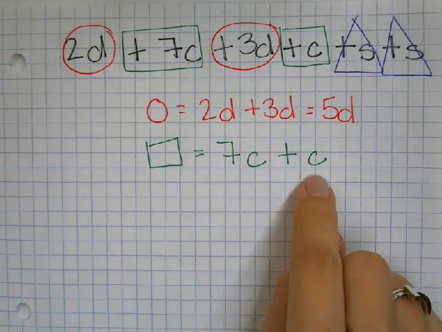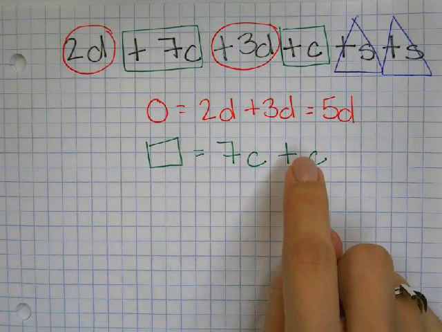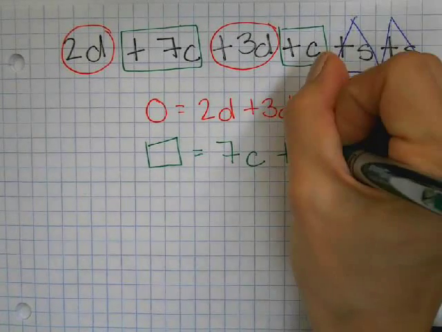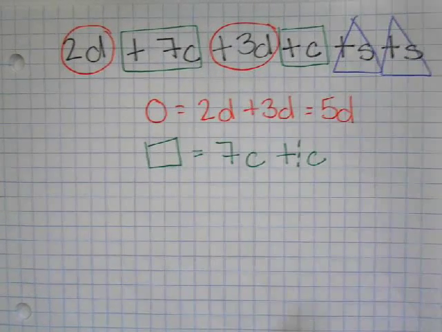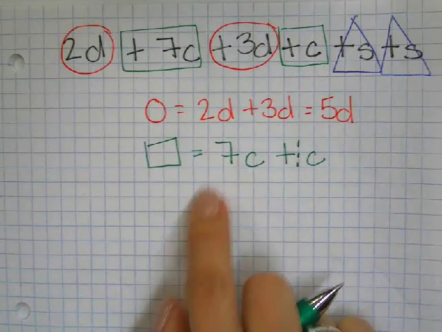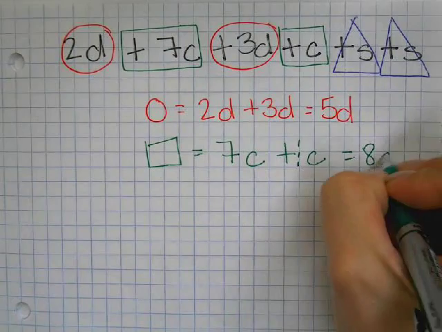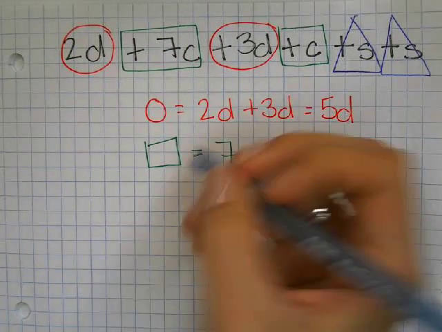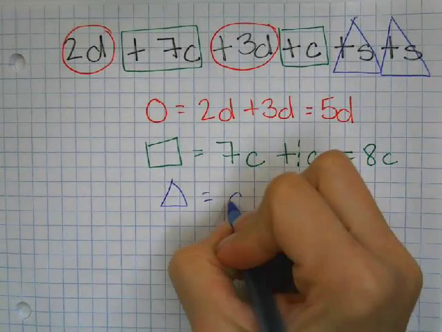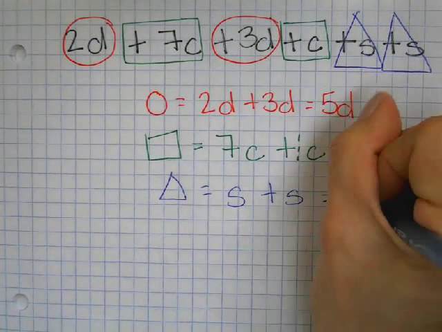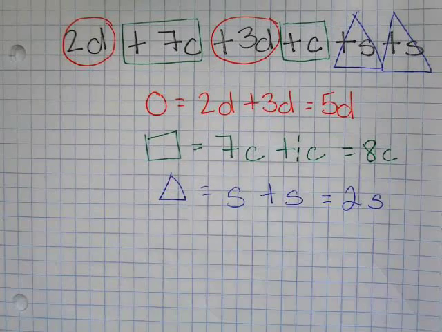The C. What number is in front of it that's invisible? 1. Very good. So there's an invisible 1 right there. So how many total C's are there? 8. And then I have an S plus an S. 2S.